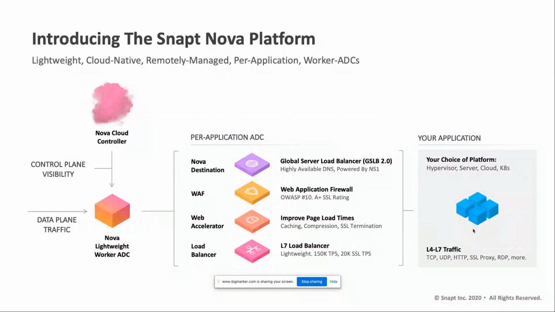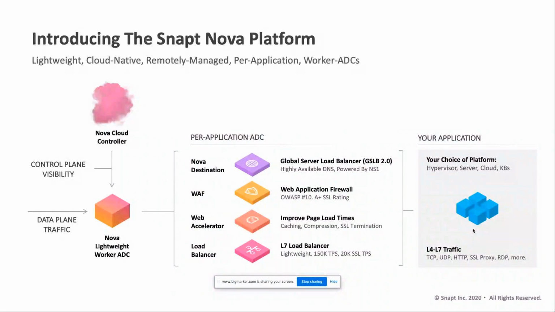Now, what I mean by that is, if we take a look at this diagram, for instance, we have two primary components here. We have the Nova Cloud Controller, which is a hosted and fully managed ADC platform with a control plane that is able to deploy, manage, and scale lightweight worker ADCs. Now, the worker ADC is providing that entire stack that you can see for each application.